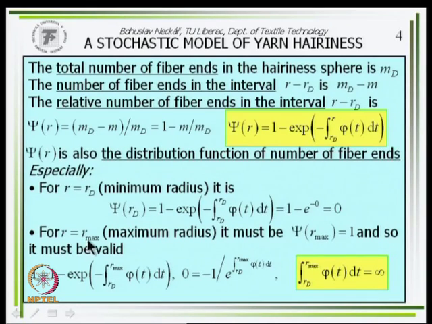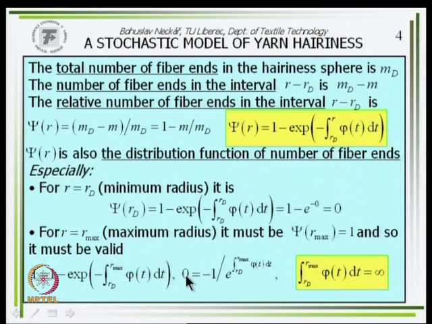For R equal R max, it must be equal to 1. From the point of view of logic as well as formally, we know what the distribution function is. It must be equal to 1. And so it must be valid that 1 is 1 minus e to the power of this integral, the integral from RD to R max. So 1 is on the left hand side, 1 is on the right hand side.